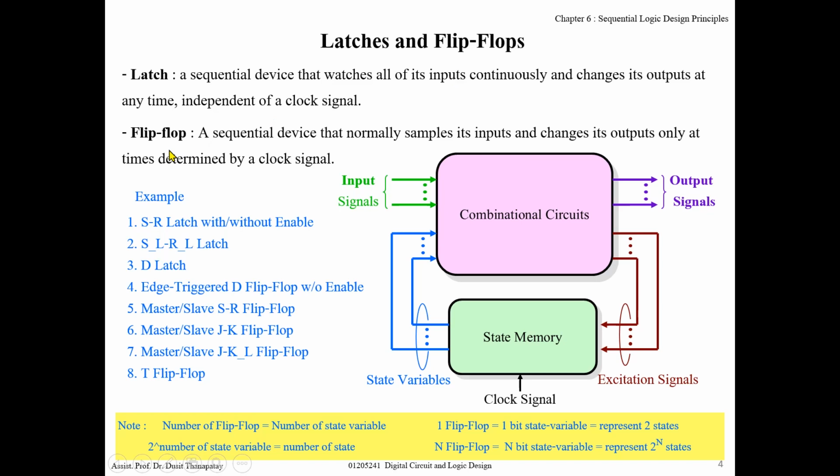But for a flip-flop, the value changes with a clock. It needs a clock to make the timing of the change. And this is just a list of the devices that you will study: SR latch, D latch, D flip-flop, SR master slave, SR flip-flop, master slave, JK flip-flop, something like this.